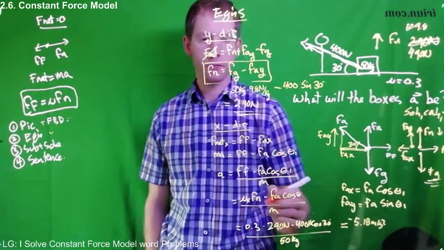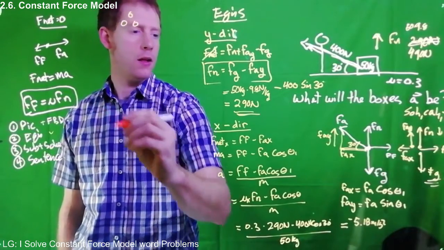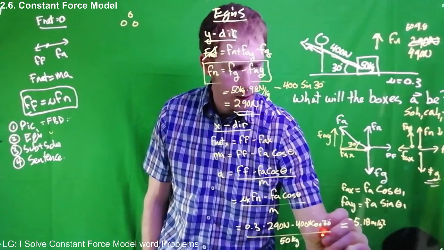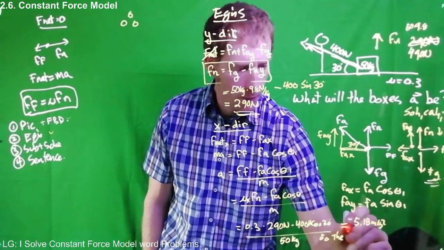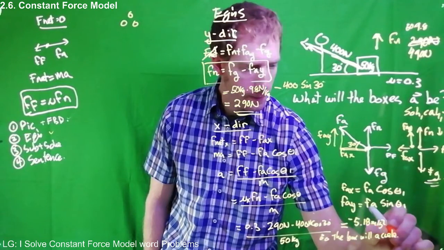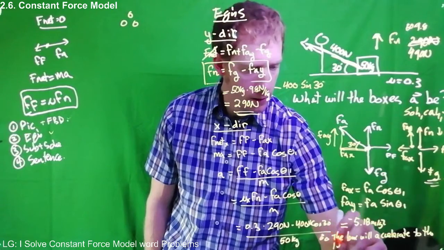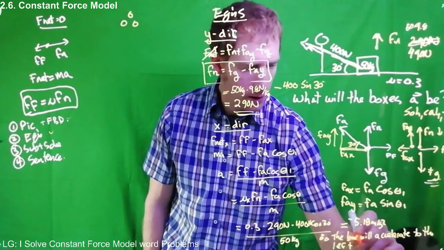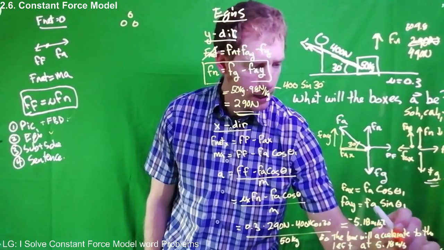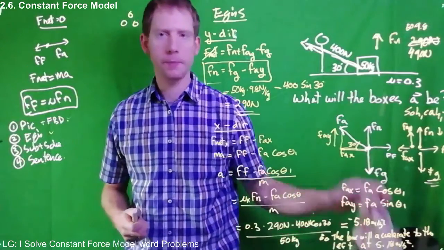Therefore, the box will accelerate to the left at 5.18 meters per second squared. Okay, so that's kind of what I'm looking for.